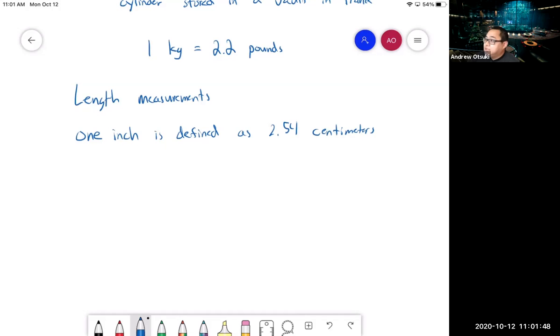What a micron is: the micron is just a common name for referring to a micrometer, so 10 to the negative 6 meters.